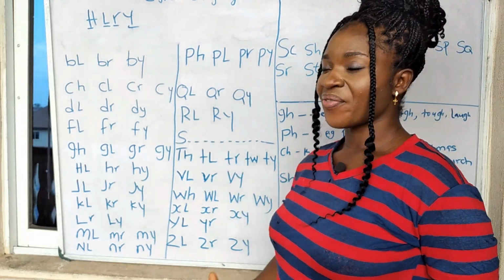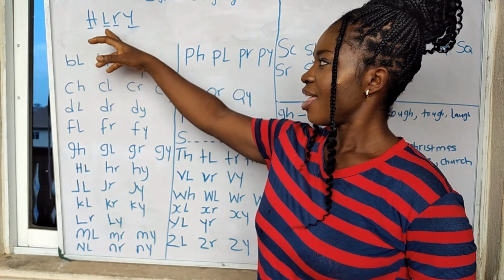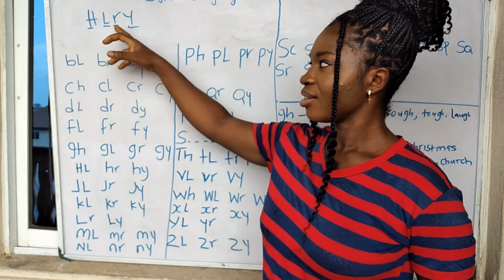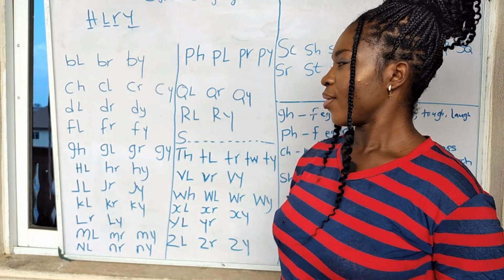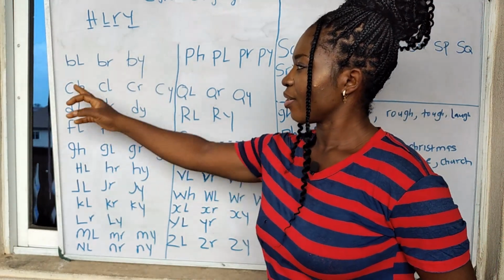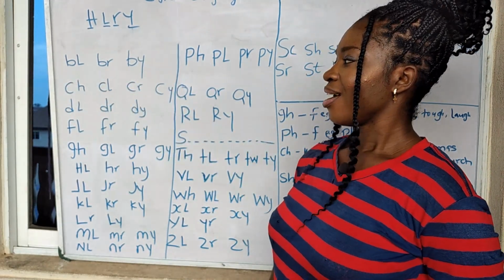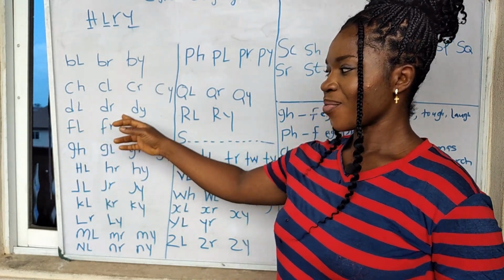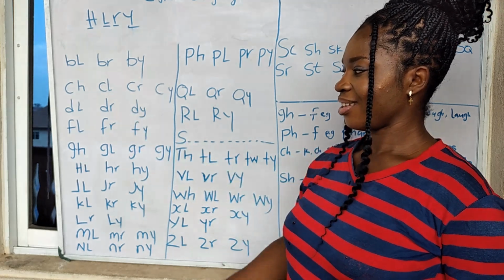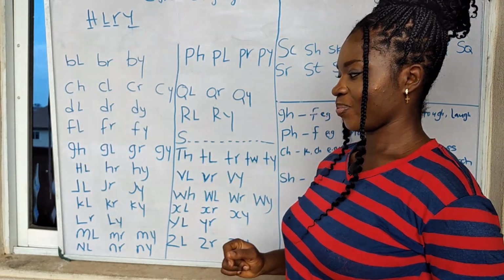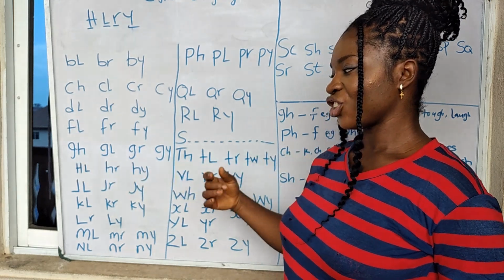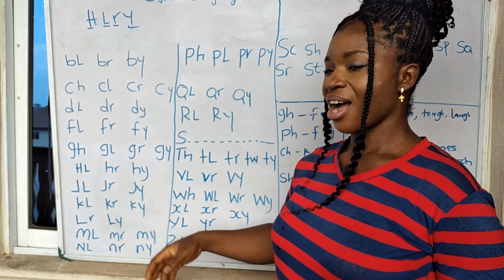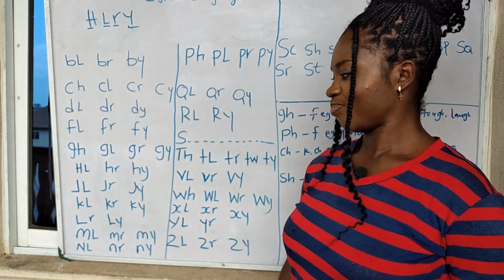Okay, now starting from the first, we have HLRY. Now we are familiar with the B's, familiar with the C's, familiar with some of the D like this, familiar with the F, familiar with the G, not quite with the HL and HR, but with HY.